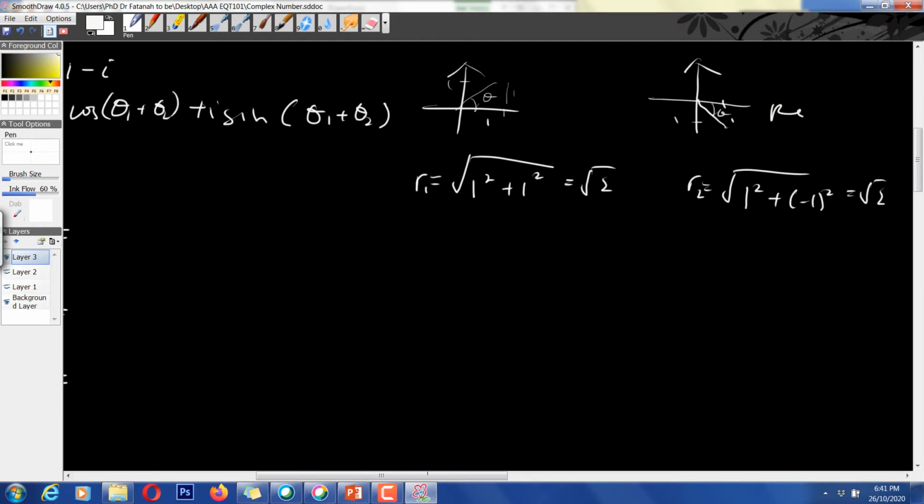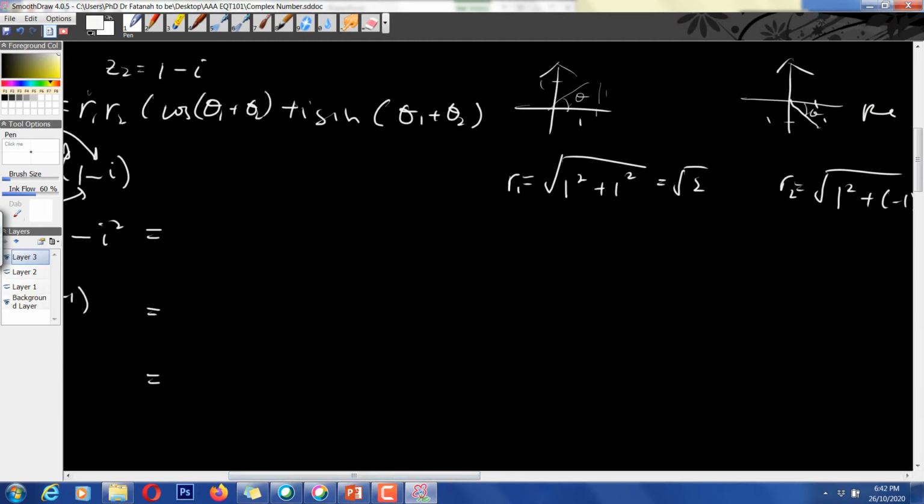Now, what is theta? Here sin theta is equal to 1 over square root 2, so theta is equal to arcsin of 1 over square root 2, which is 45 degrees.